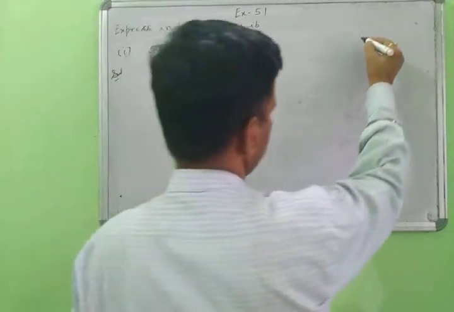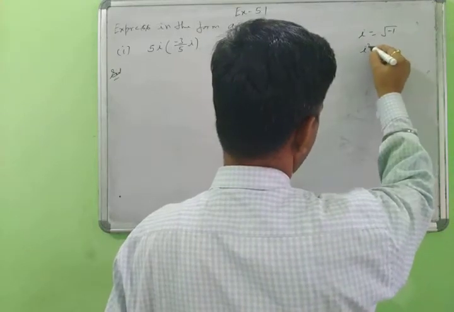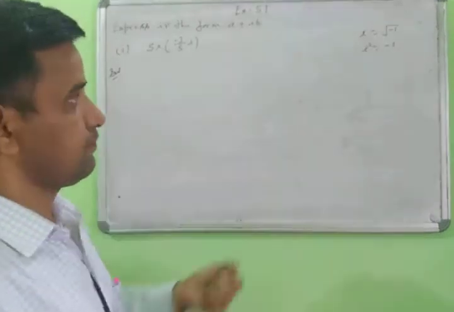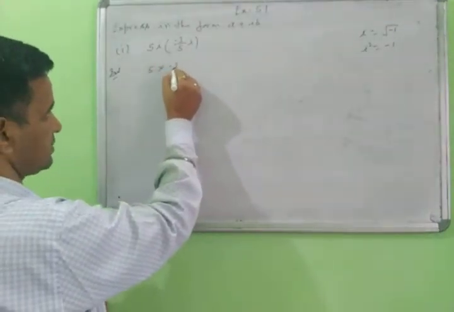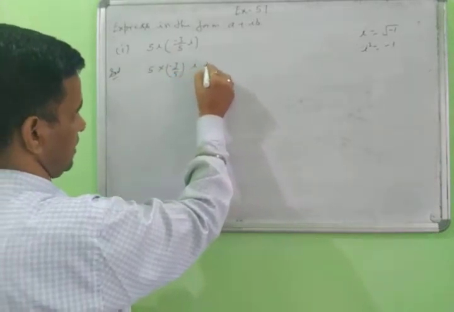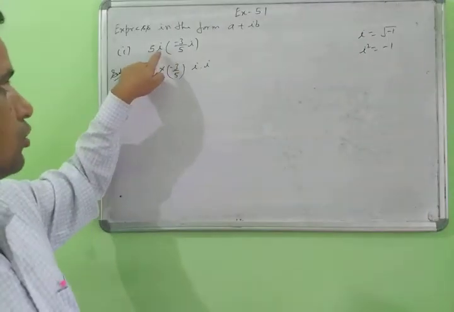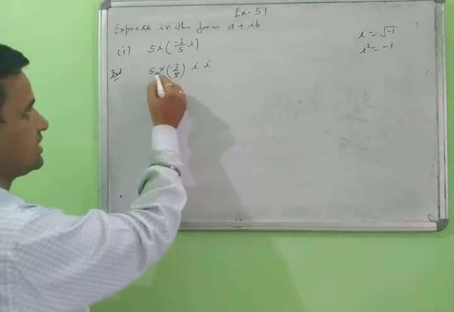First of all, you know the value of iota is the square root of -1, and the value of iota square is -1. So learn these values. Then 5 into -3 upon 5 iota into iota. Real numbers multiply with real numbers and complex with complex. The 5s cancel.